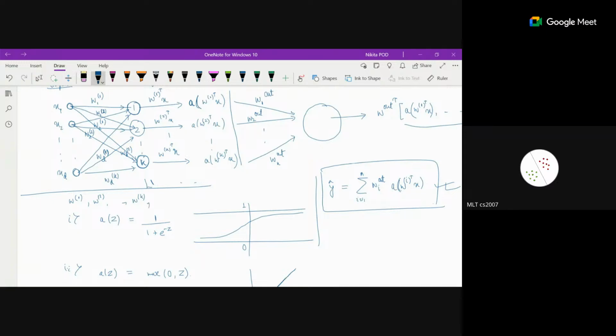And you should also know this W out. You should know all these weights. So these are the parameters that need to be specified for this neural network. Once we know them, we can solve this problem. And how many layers we want also needs to be specified a priori in the model. So this is the design for the neural network.